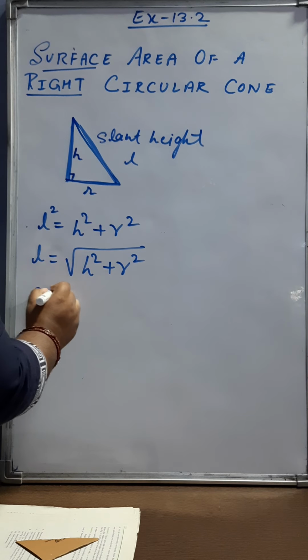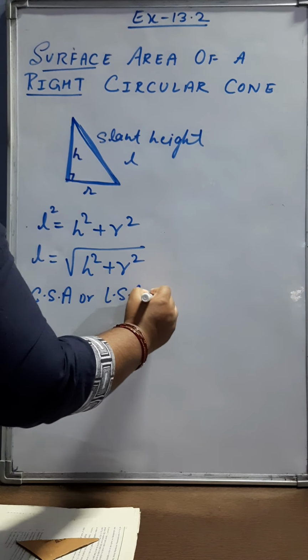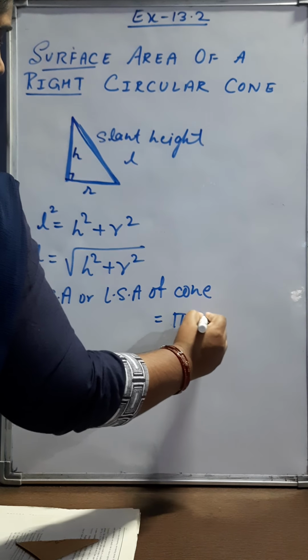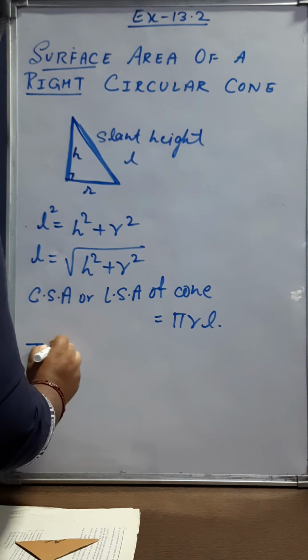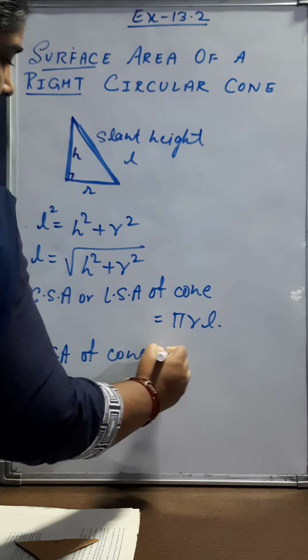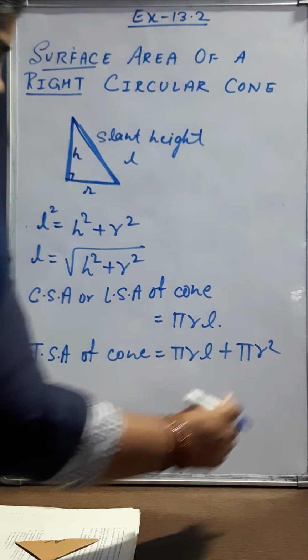Curved surface area or lateral surface area of cone is pi r L, and total surface area of cone is pi r L plus pi r square.